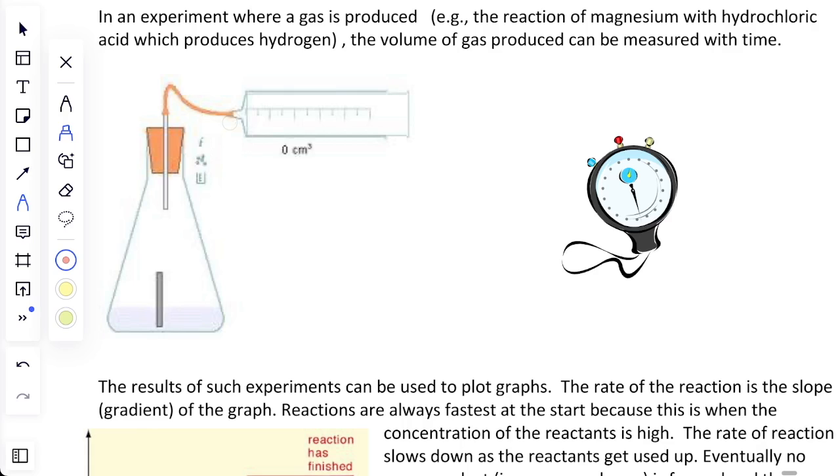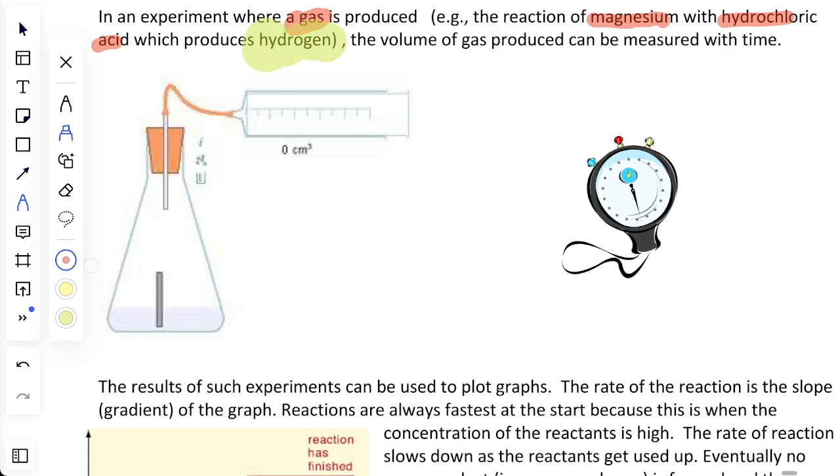In an experiment where a gas is produced, this gas would be hydrogen, because this is the reaction between magnesium and HCl. We know that magnesium, which is a metal, plus an acid forms a salt plus hydrogen. So this would form magnesium chloride plus hydrogen gas. But our main focus is the hydrogen gas.